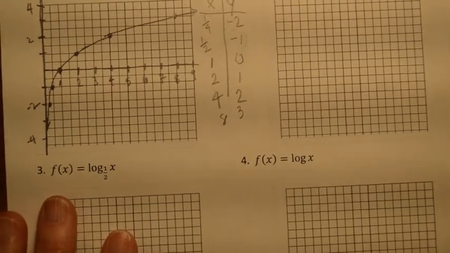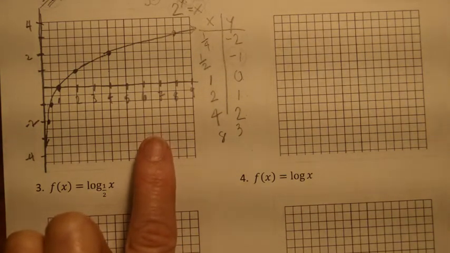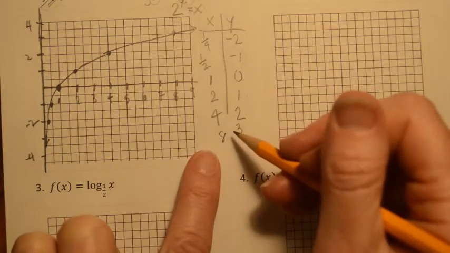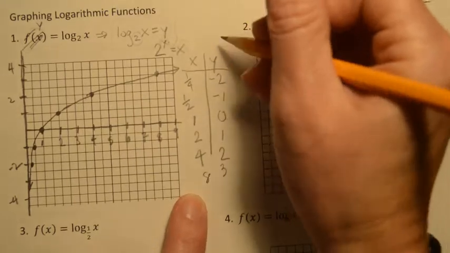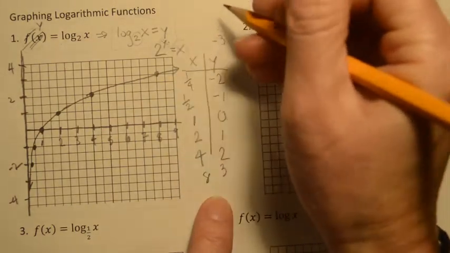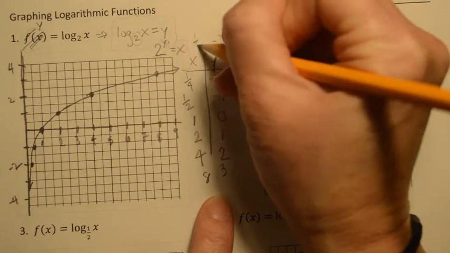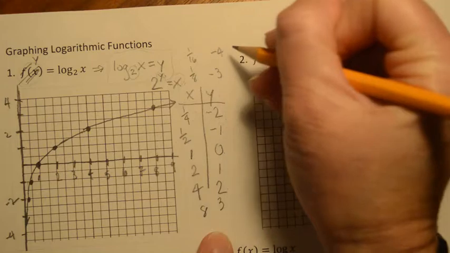All right. Now, when we're talking about domain and range, again, if I were to continue in this direction and choose negative 3, so 2 to the negative 3rd, that would be 1/8. If I were to choose negative 4, that would be 1/16.